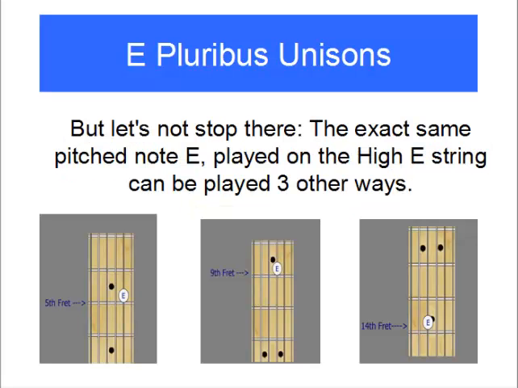Okay? But now this E can be played 3 other ways. Here's the open one. Now the 5th fret we've done. Let's go up to the 7th, 8th, 9th fret on the next string over, on the G string. Look at that, on the 9th fret of the G string. I'm buzzing a little bit.